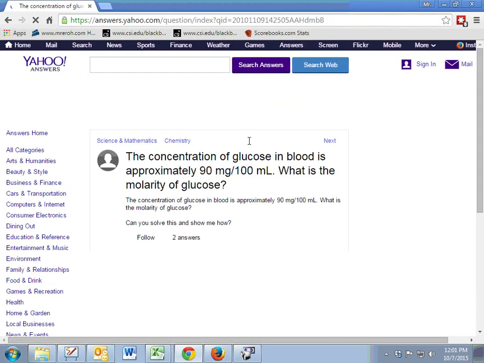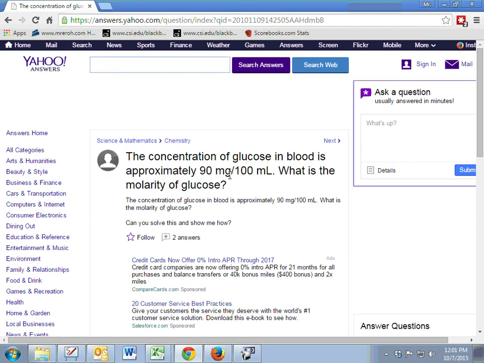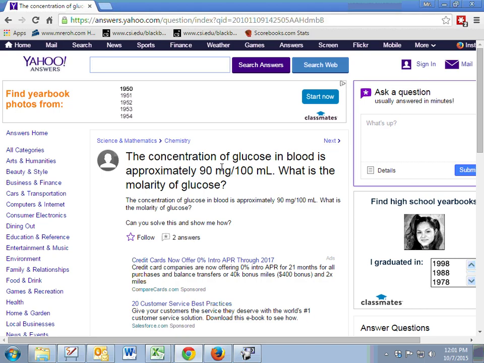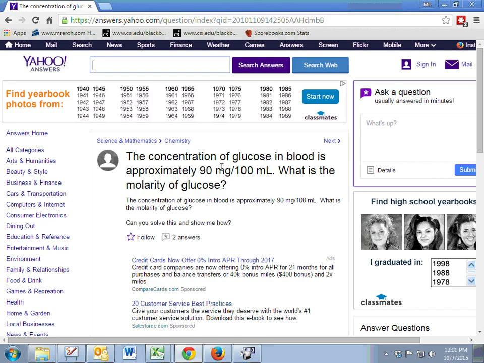Okay, so figure that you have to do a conversion here. You've got 90 milligrams per 100 milliliters, which means 0.9 grams per liter.